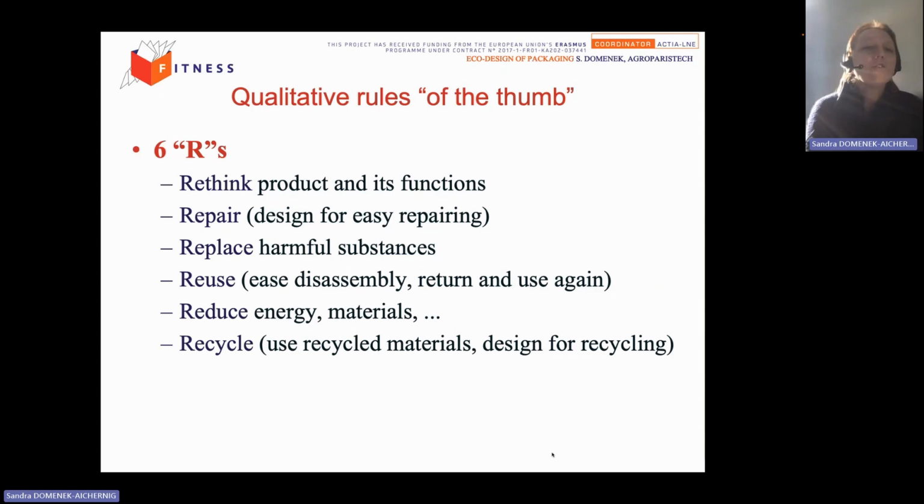So this is just one of the generative rules you could use in your idea generation process in order to bring you already on a track for better environmental quality of the product.